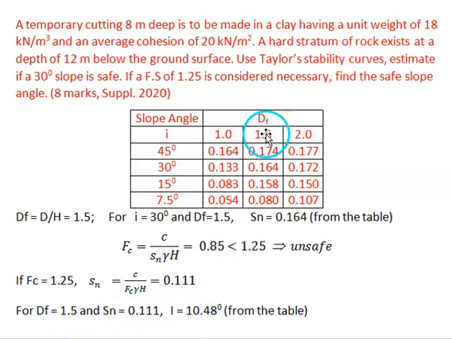So corresponding to DF is 1.5, we have to find the i value corresponding to stability number 0.111, which is coming as 10.48 degrees. From the interpolation method, it is coming in between these two, so we'll be getting the i value as 10.48 degrees.